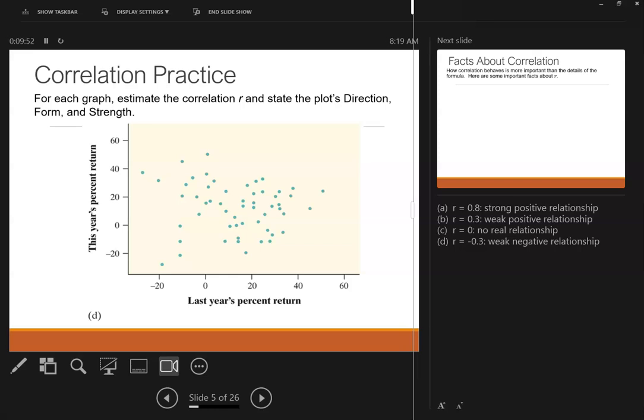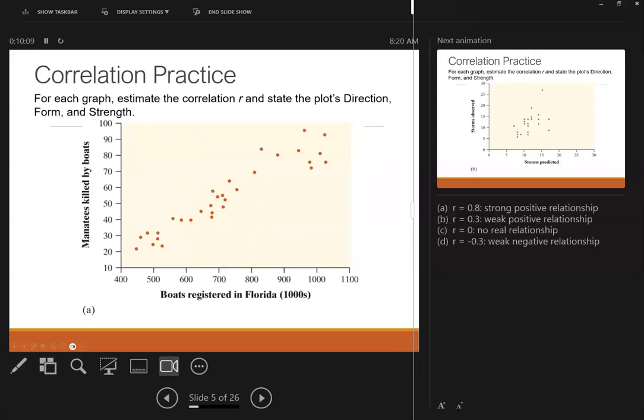So I would not ask you to be exact; we'll grade you leniently, where if you're in the right ballpark, you're good. So if you had something that looked like this and you said it was like negative 0.5, well, I'm marking that down because clearly it's positive and it's much closer to 1 than 0, right?